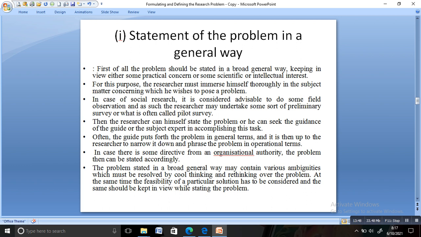For example, you can state the problem. You're going to do your work in pharmaceutical chemistry, pharmacognosy, pharmacology, and which area? For example, anti-cancer work. That's a broad area. In a general way you are telling, I am going to do work in cancer studies. That is the broad area.